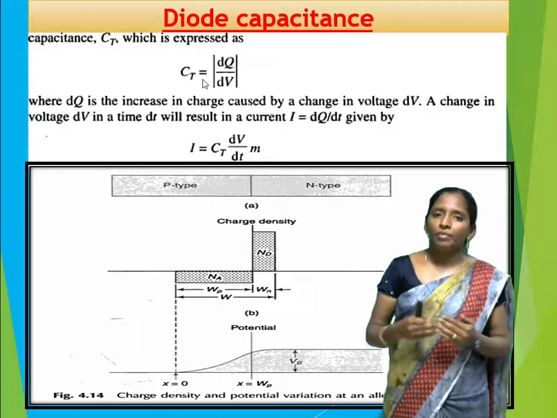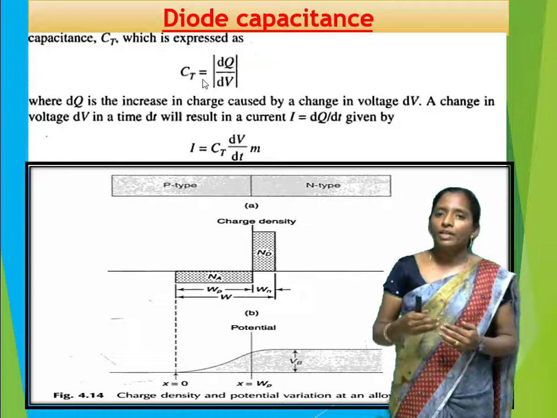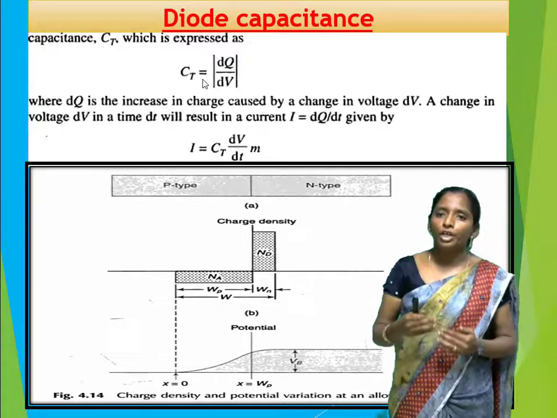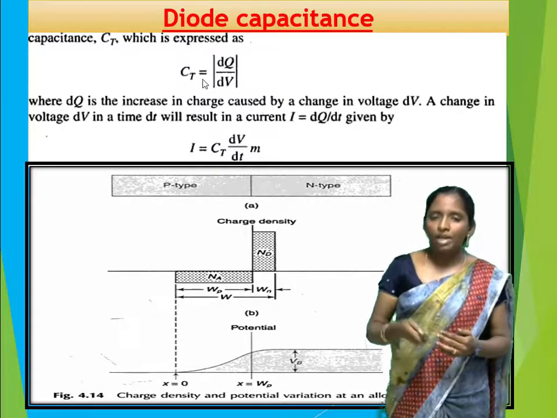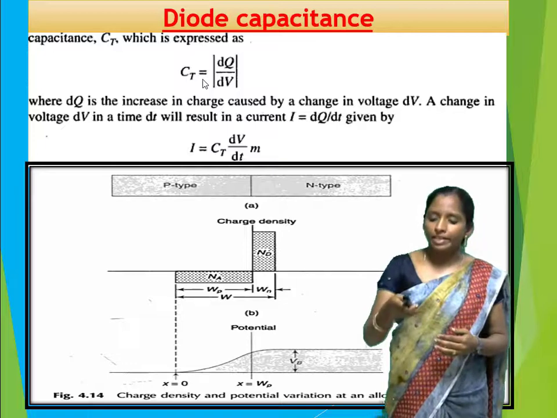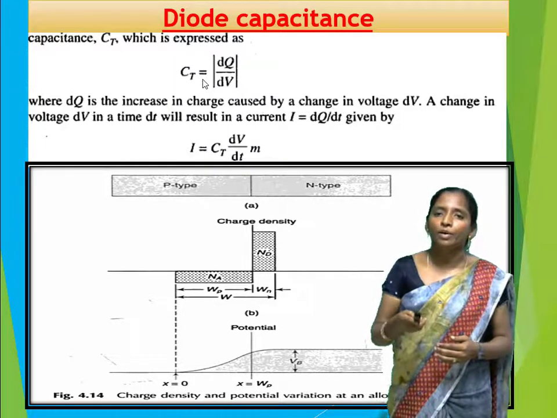So the change in voltage with time gives the current I equal to dq by dt, so I equal to CT into dV by dt in milliamps. So this is the space charge region of the PN junction diode.